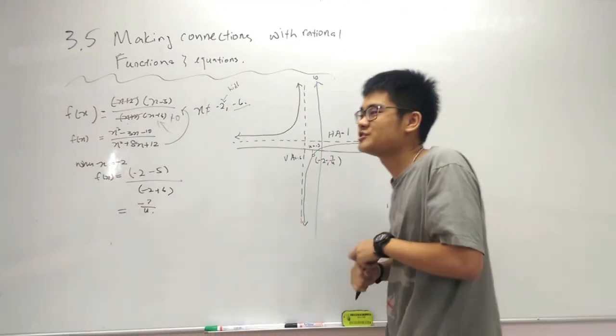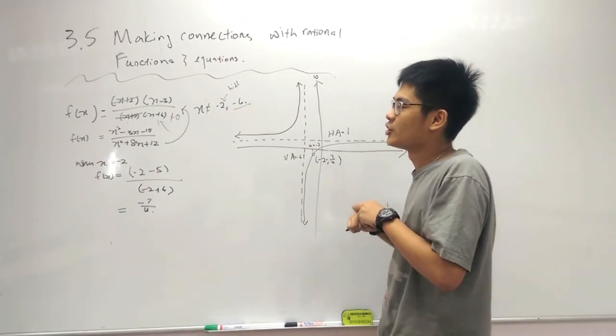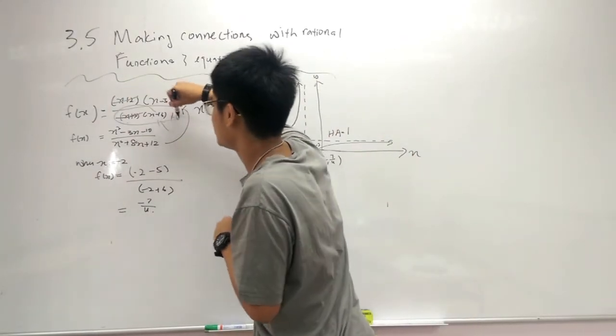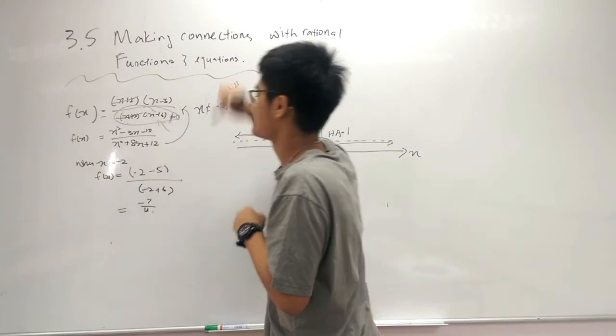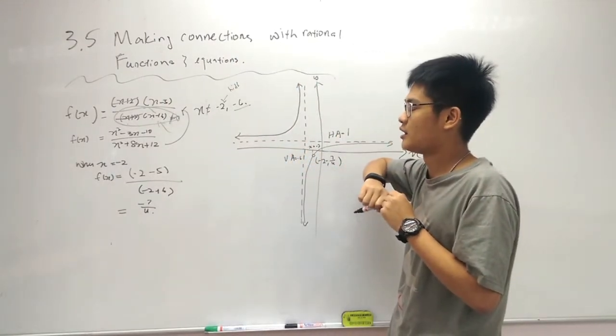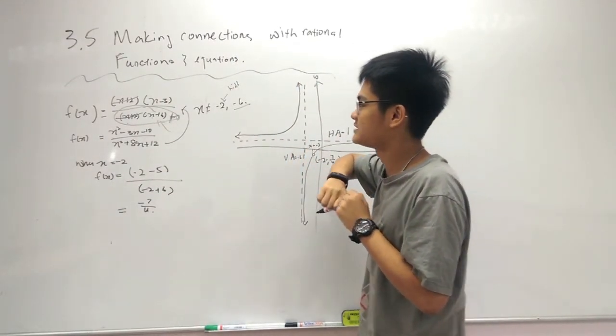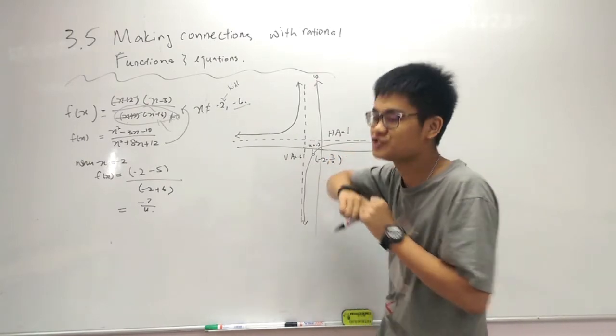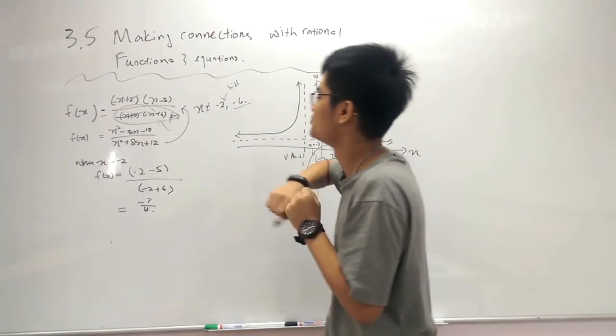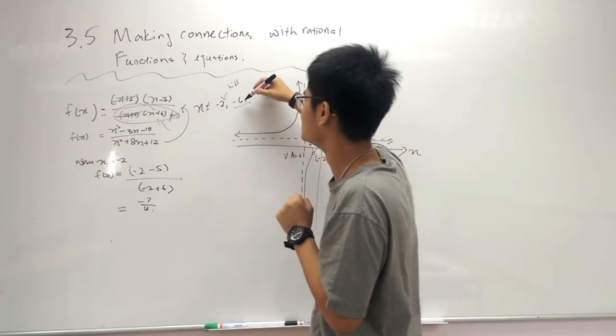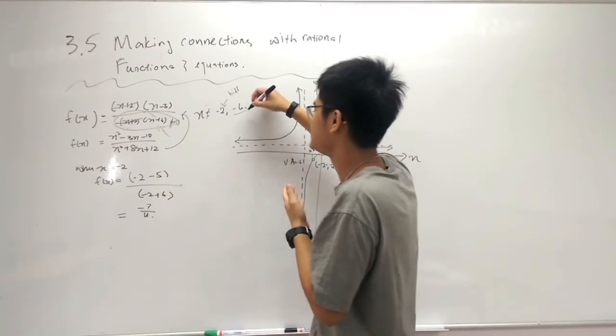Now from chapter 3.2, the denominator, which is this part here, cannot be 0. So the asymptotes, or the restrictions for the rational function, would be x equals negative 2 and also negative 6.